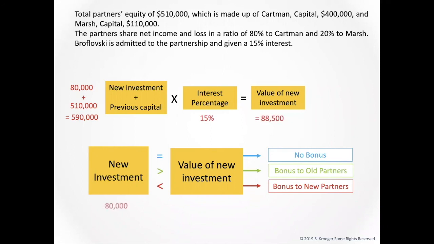The new investment was $80,000, but the value of that investment is $88,500. In this case, the value of the new investment is greater than the investment itself. Broflovski only has to give $80,000, but he will have a capital account of $88,500. This is the bonus to the new partner.